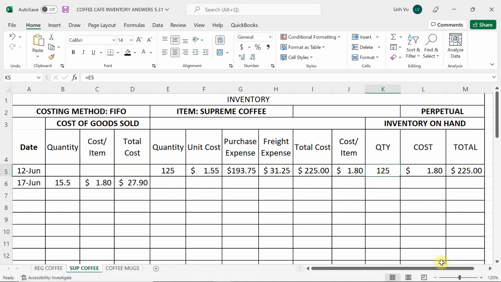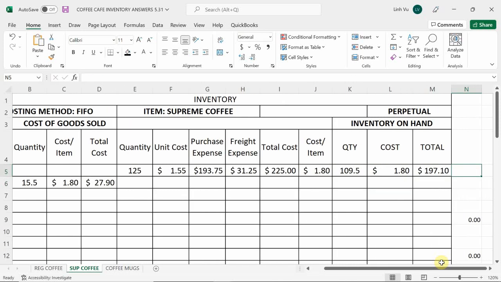I need to fix this because I don't actually have 125 pounds. How many pounds do I actually have? So I'm going to do 125 minus 15.5. So how many pounds should I actually have? 109.5. 109.5 at $1.80, which will give me my $197.10.